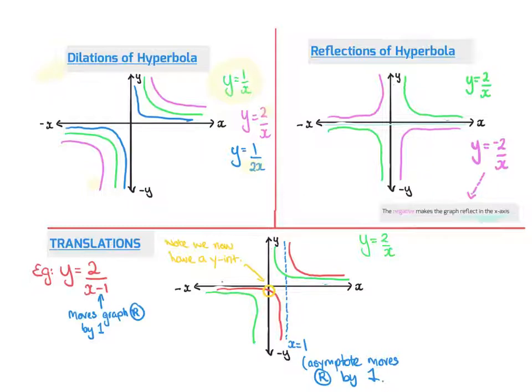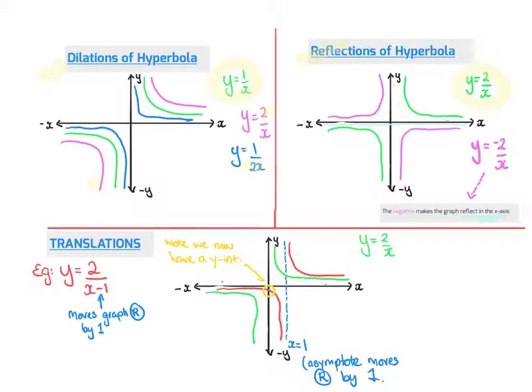Okay, so another type of transformation is reflections. Reflections is when we see it flip over because of the negative. Here, always in the green, I draw the basic. And here we can see in the pink, the formula has a negative. When the negative is up there on the top like that, we can see it's reflecting in the x-axis.